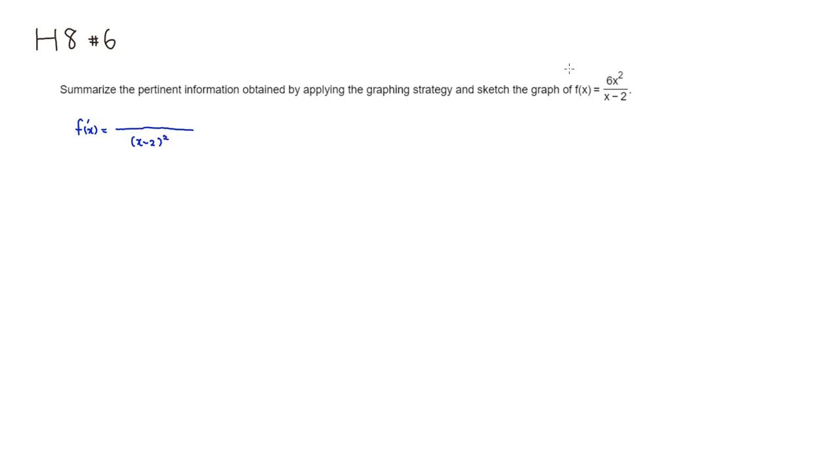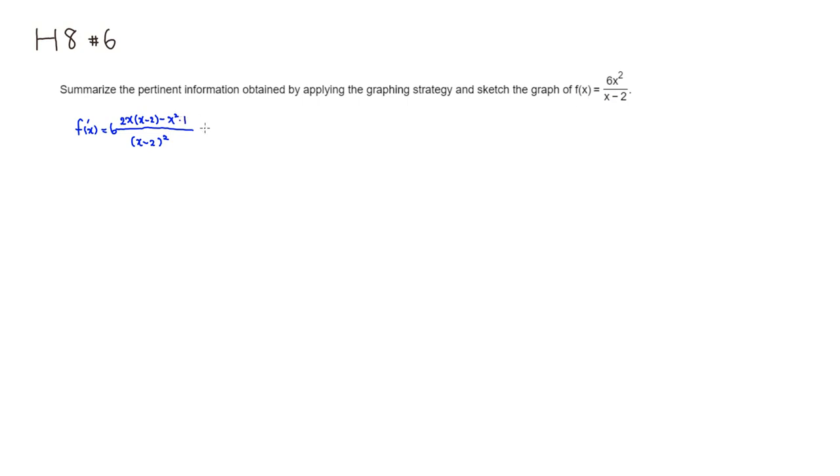I'm going to bring 6 outside so that x squared is the top. The derivative of the top is 2x times the denominator x minus 2, minus the top x squared times the derivative of the denominator, which is just 1.